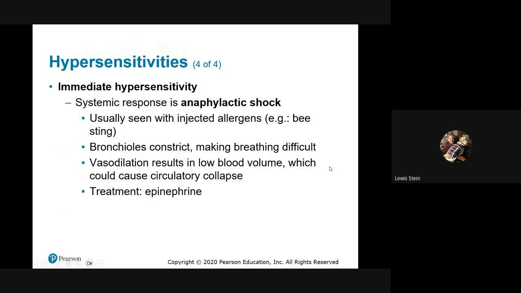So the worst one of these is anaphylactic shock. Now we used to use the term anaphylaxis differently. Now they're used interchangeably, mostly injected, typical bee stings. Everybody probably knows somebody who carries an EpiPen. It's not just that. Nut oils are a big problem.